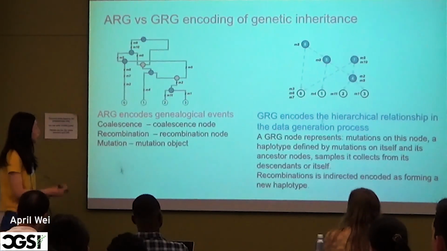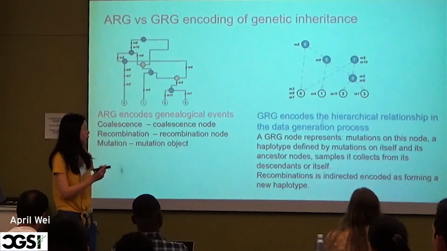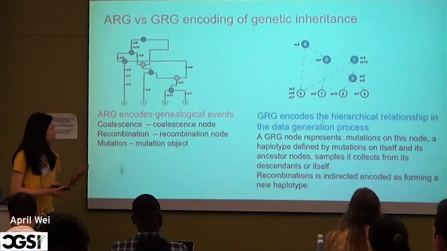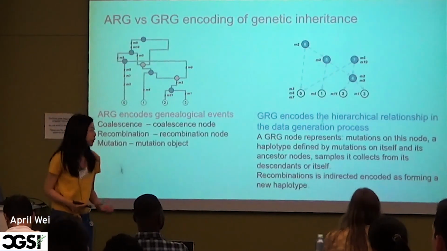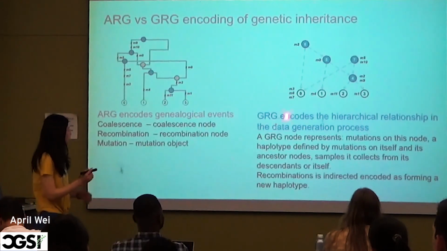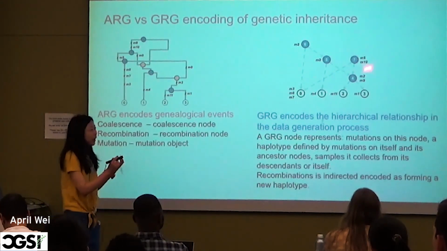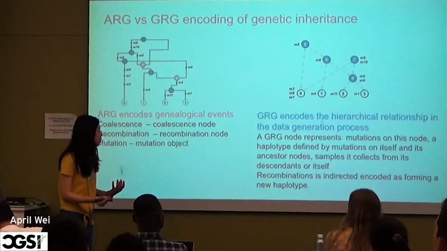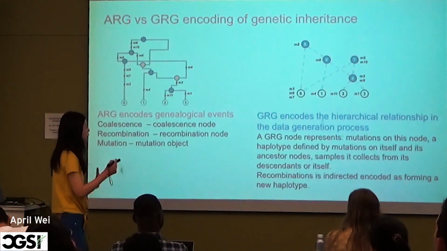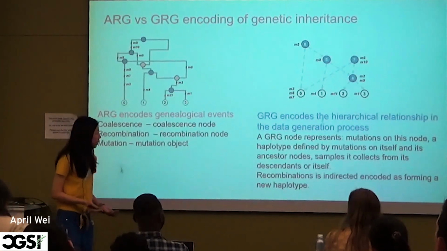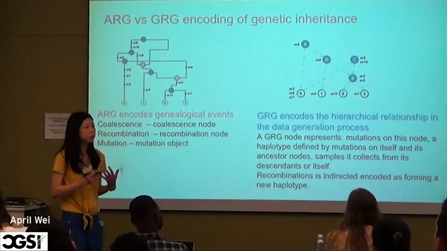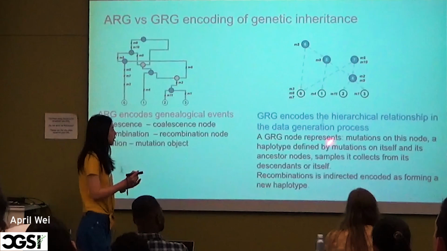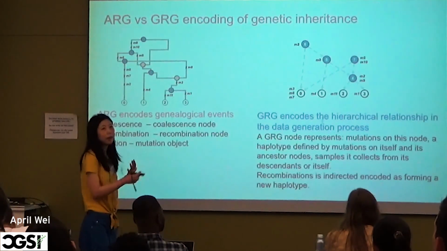So ARG really encodes these objects. And GRG encodes this hierarchical relationship in the data generating process. And so in that, we only really have nodes as the object. These nodes could contain mutations. And there are relationships among nodes that form this graph. So each node bears 3 different meanings. First, they can represent mutations on this node.